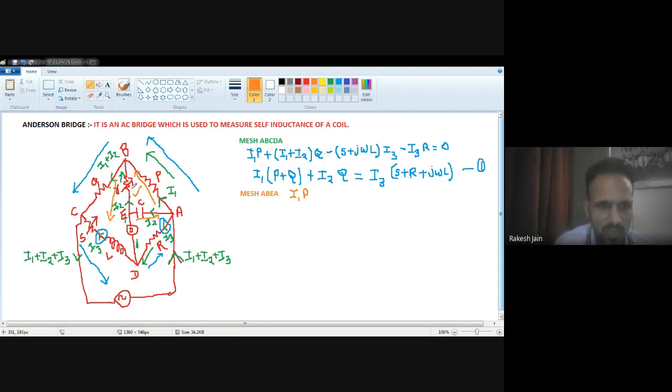In which one current is there, I2. I am talking about the top to bottom direction, B to E. But here the direction of the current is I2, that is in opposite direction. That's why I have to write it with negative sign. Current is I2 and resistance is small r. That's why minus I2 r. Okay, small r is there.